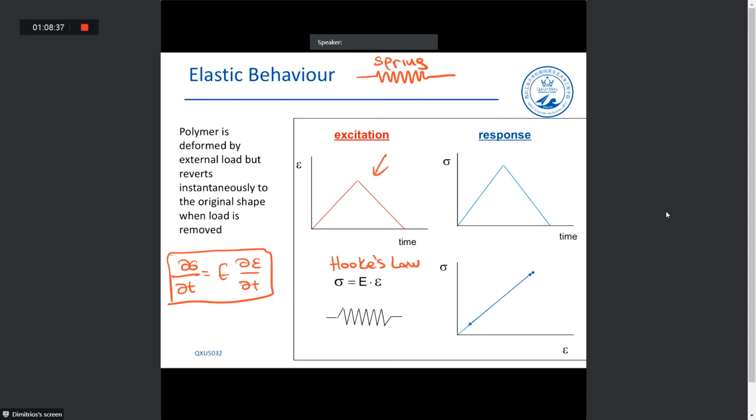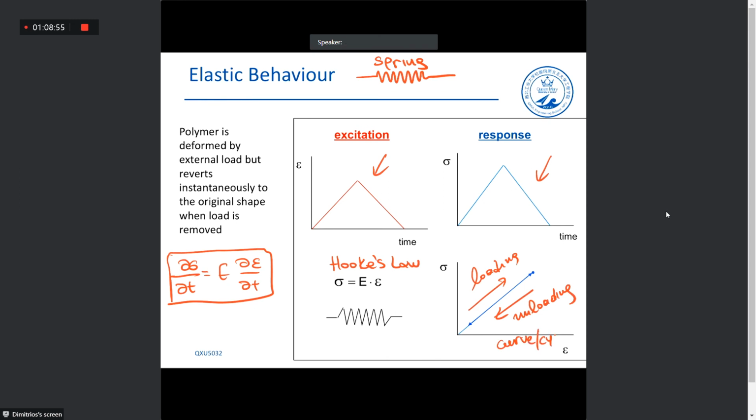And this is the loading and unloading curve or cycle. Okay, this is the elastic behavior.